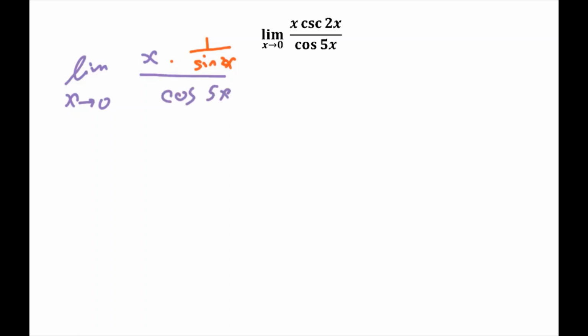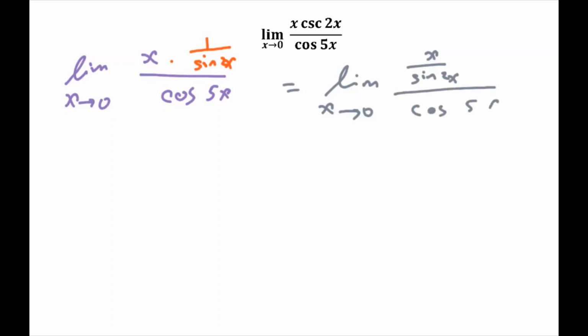Now for this question here, we are going to do the limit as x approaches 0 of x times cosecant, which is the reciprocal of sine, and cosine 5x here. Now let's try to simplify this a bit. X over sine 2x over cosine 5x. Now you can move the sine 2x down. X over sine 2x multiplied by cosine 5x.